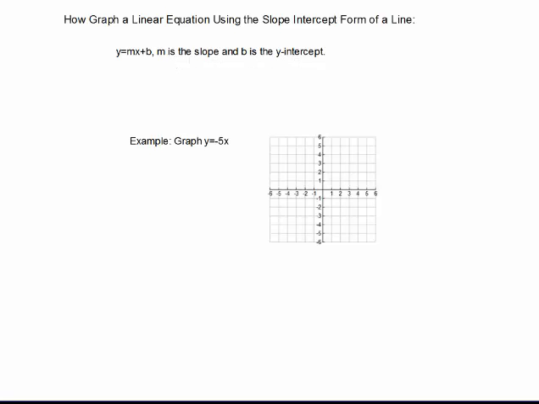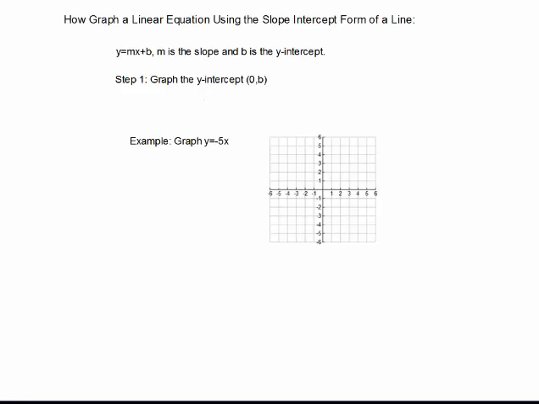Here are the steps that we're going to take. First, we start by graphing a point on the line, the y-intercept, which is the point (0, b). In other words, we plug in 0 and find out what the y-coordinate is. In this example, we're trying to graph y equals negative 5x.